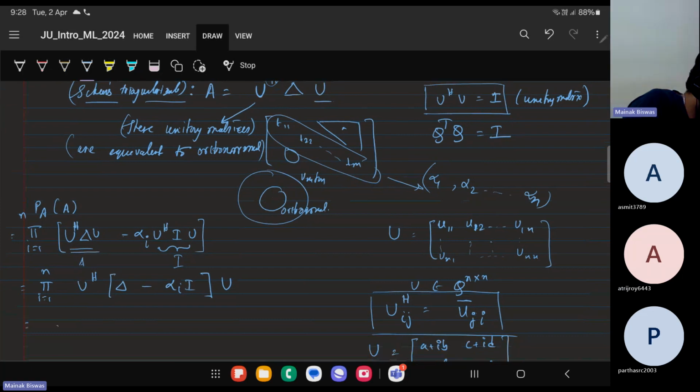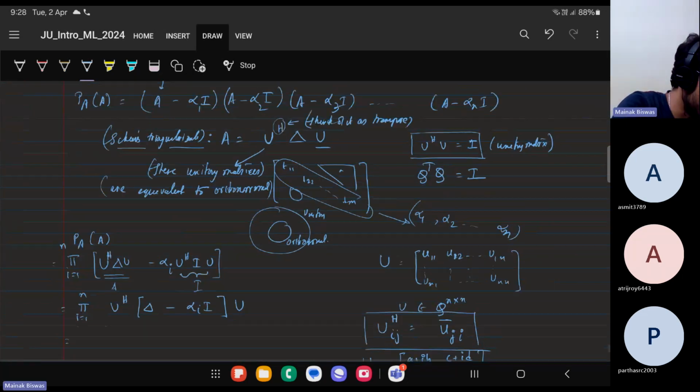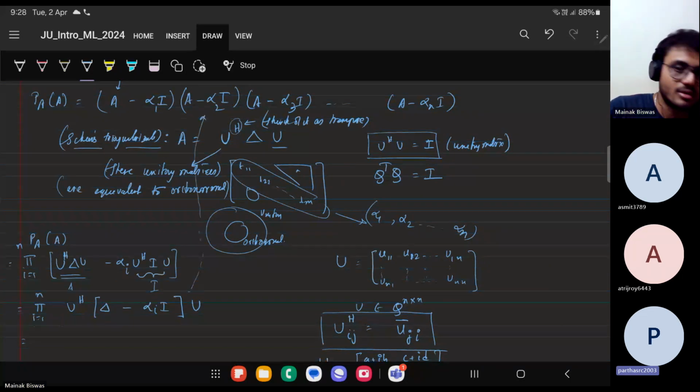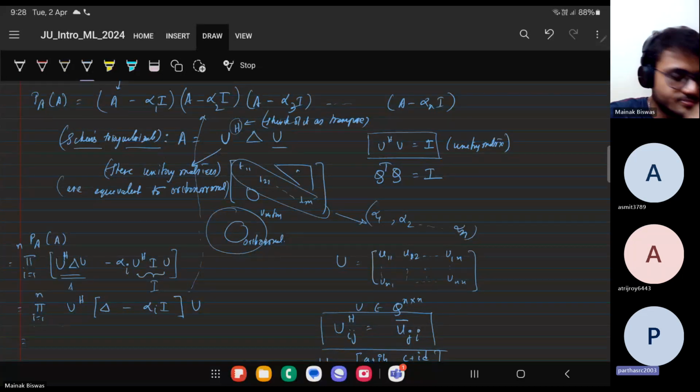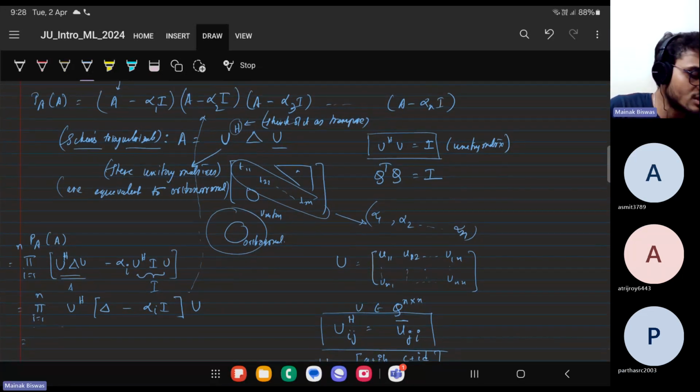Now you see, if I multiply all of these elements, so all the ith element would be A minus lambda I. I want to put this back into these equations.